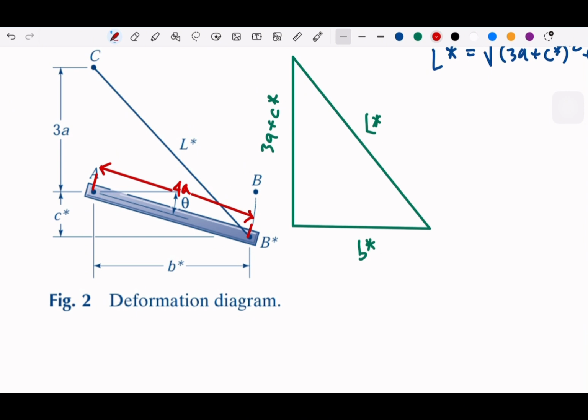Now we have the angle here, and based on 4A we can have the triangle with C, 4A, and theta.